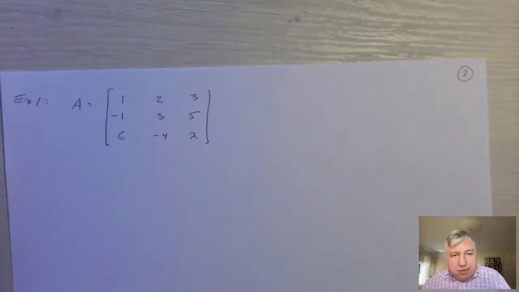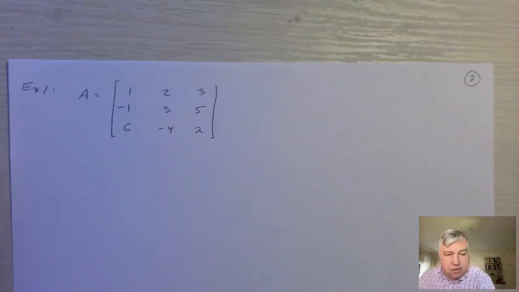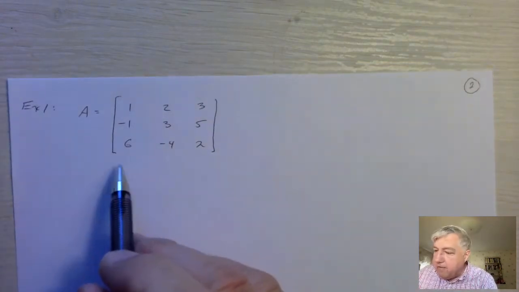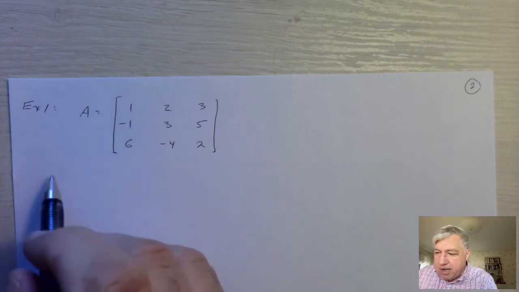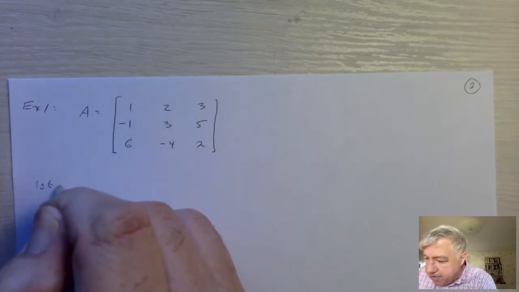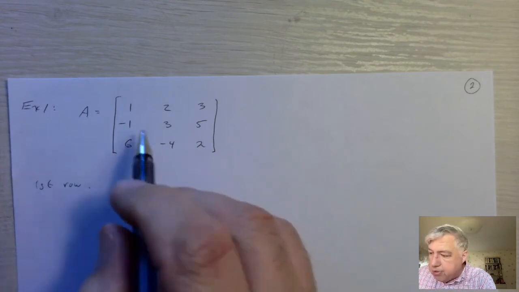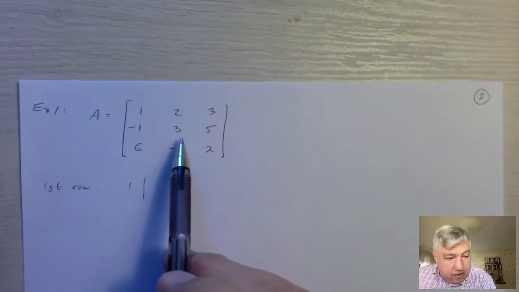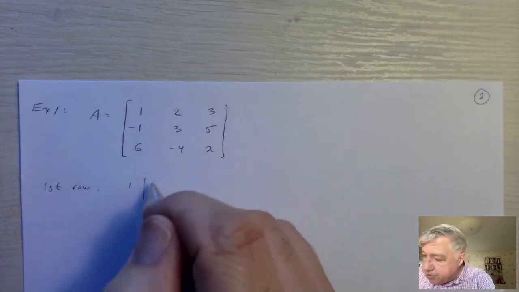Here we'll start with this 3x3 matrix. Let's say we want to find the determinant of this matrix by expanding along the first row, like the original definition said. So this would be 1 times the matrix 3, 5, -4, 2.